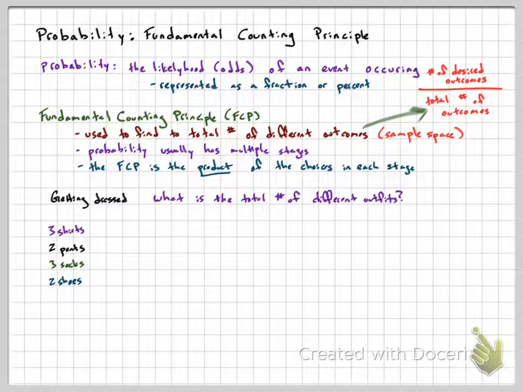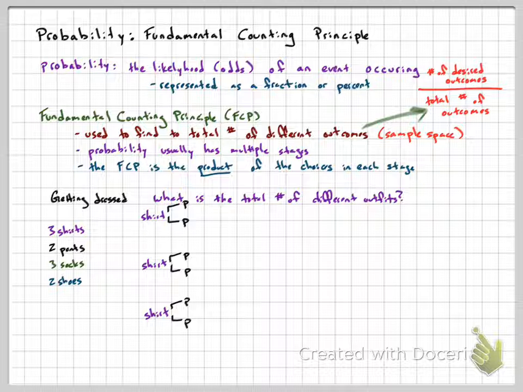Again, this would be our sample space. Now, what you have to think about is each shirt that you wear can have different pants, different socks, and different shoes. So before we start getting into the FCP, I'm going to create what's called a tree diagram. Again, you're not writing this down, you're just looking. Notice each one of those represents the first 2 stages of getting dressed. You first pick a shirt, that's what the purple is for.